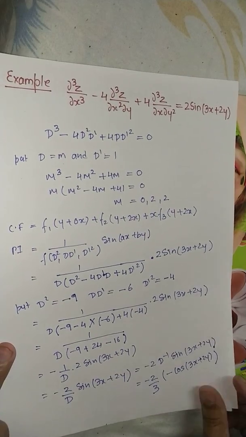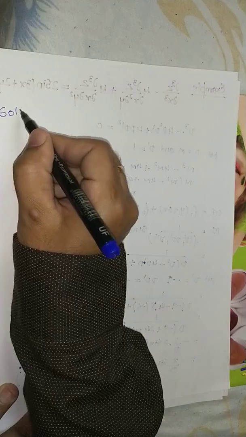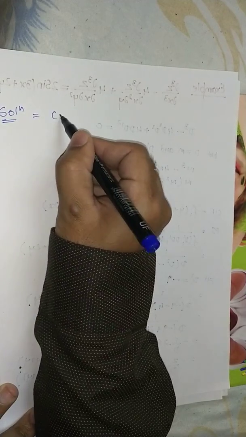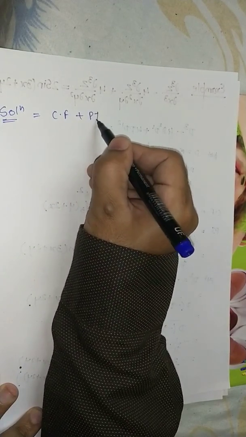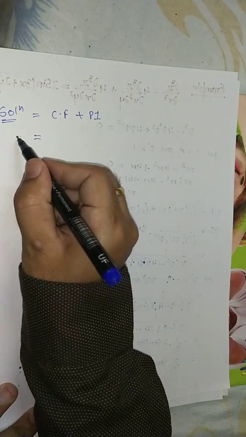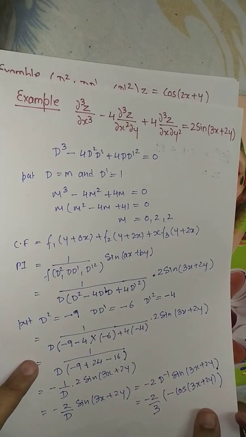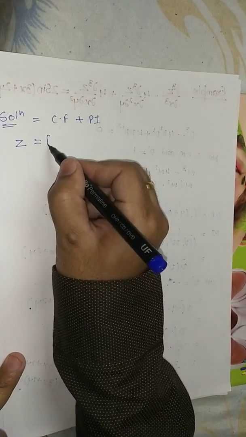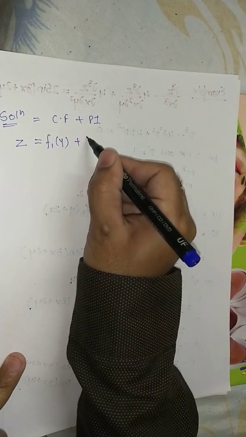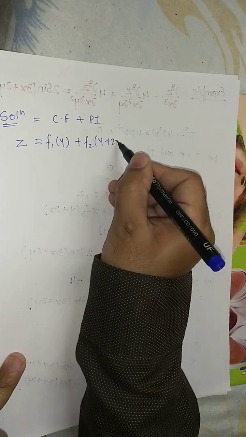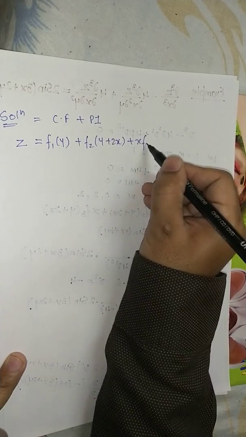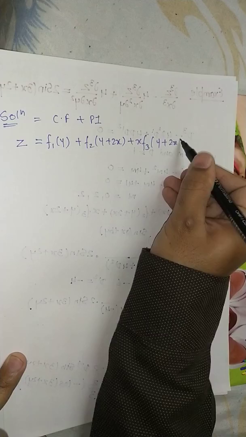Now the final solution will be given by, so let's see the final solution. The solution is complementary function plus PI. So we can see this is z is equal to, let's see what was the complementary function, f1 of y plus f2 of y plus 2x plus x f3 of y plus 2x.